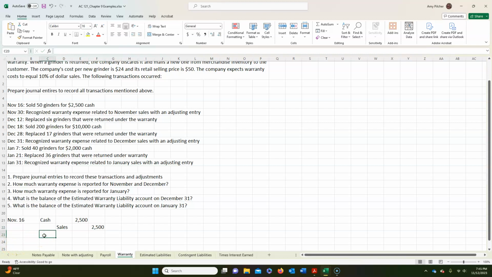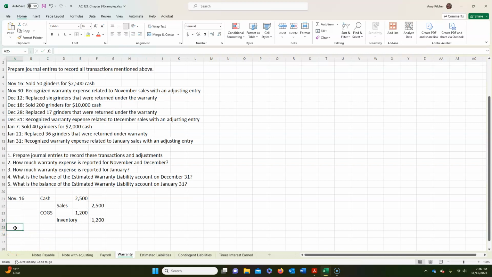Then we also need to record the cost of goods sold and the inventory amount. So it's $24 each times 50 coffee grinders. So our cost of goods sold and our inventory amount is $1,200.